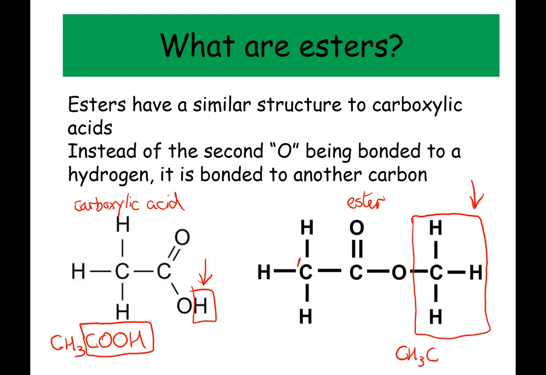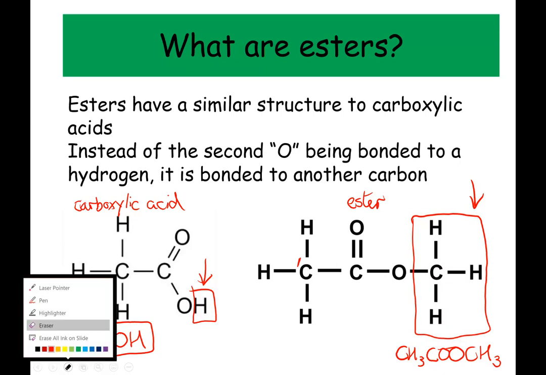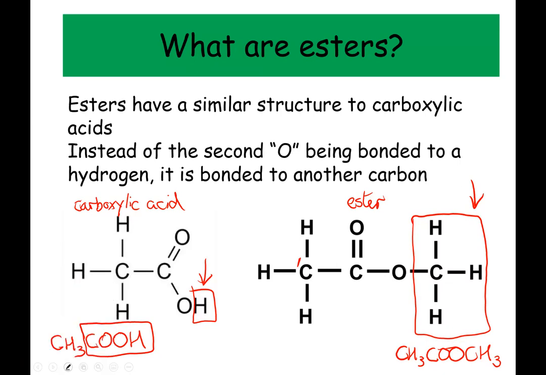Then I've got a carbon with 2 oxygens attached to it, followed by another carbon with 3 hydrogens. Okay, so you can see the difference there. Where it's got the COO, but there's no H attached. This time it's the CH3 which is attached to it.